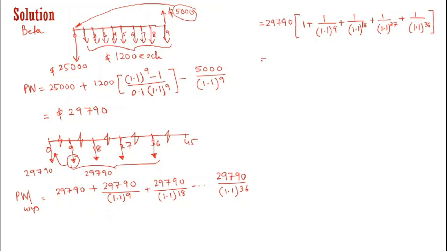If we calculate, this comes out to be $51,017.855. So what we have computed? We have computed the value over 0, 1, 2, 3 up to 45 at the present point of time. This is the present worth we have calculated.